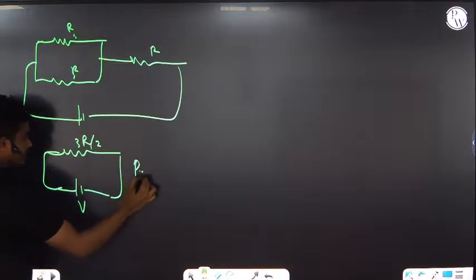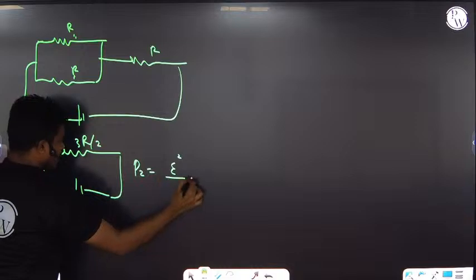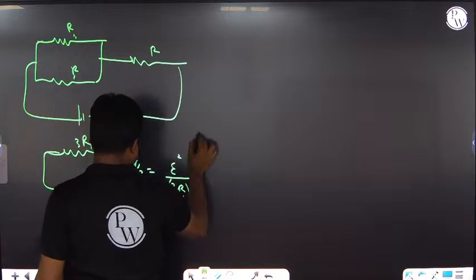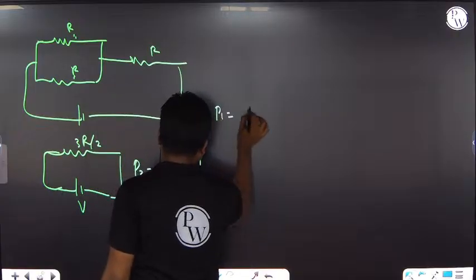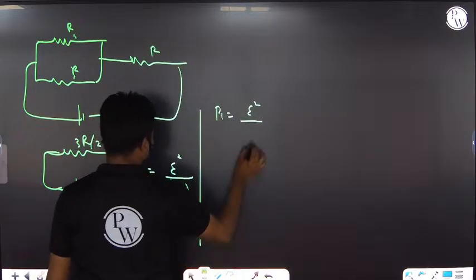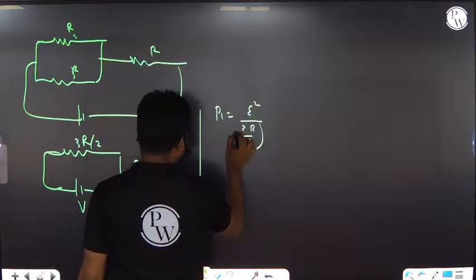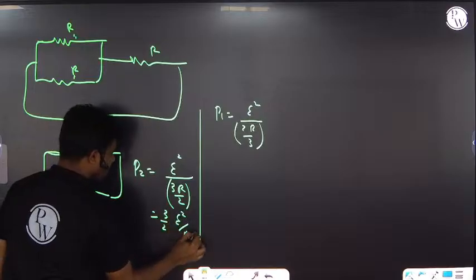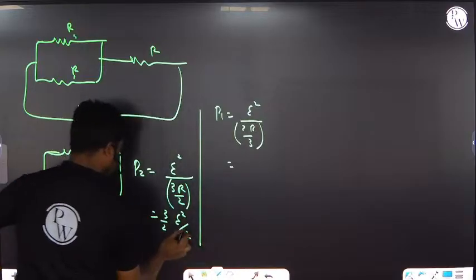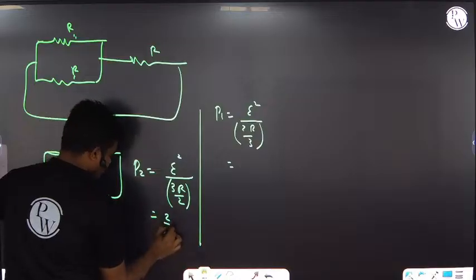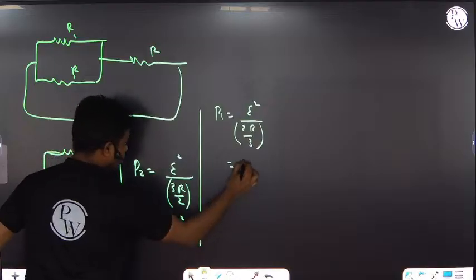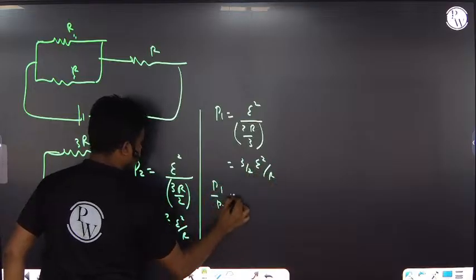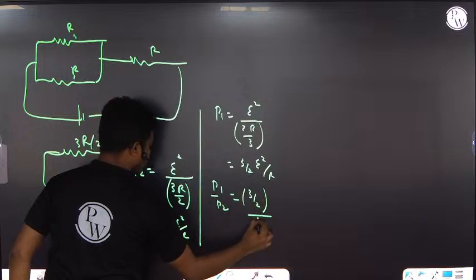What is the power in the second case? E square divided by 3R by 2. So this is power P2. And power P1 is E square divided by 2R by 3. So we have to take the ratio of these two. P1 we got as 3 by 2, E square by R, and P2 we got as 2 by 3, E square by R. So P1 by P2 is equal to 3 by 2 divided by 2 by 3.